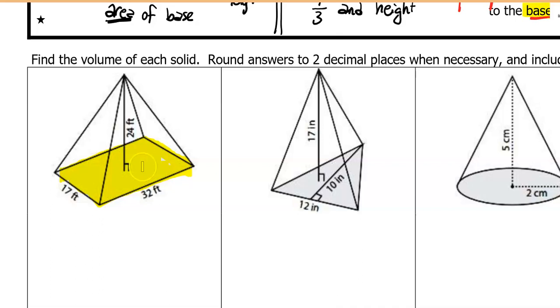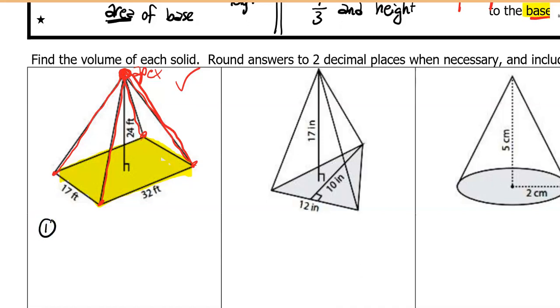So let's see if this yellow thing actually works as our base. From each vertex down there, we do go straight up. All 4 of those vertices connect to a single point. So that yellow rectangle is a good choice for the base, and this red point up here is our apex. So we'll think of it in 2 steps.